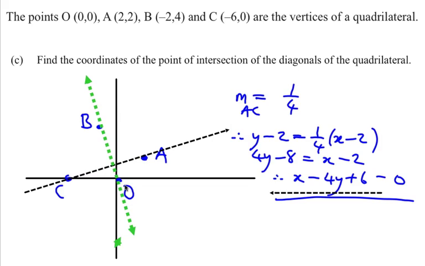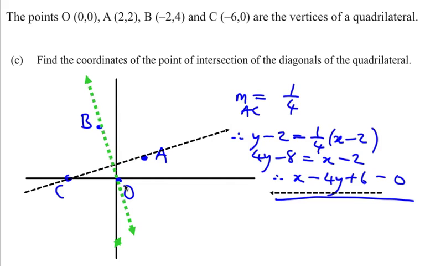That green line, we haven't got the equation for yet. So at this point in the question, before we can solve those two lines simultaneously, we need the equation of the other line. Maybe I should call it OB from now on.